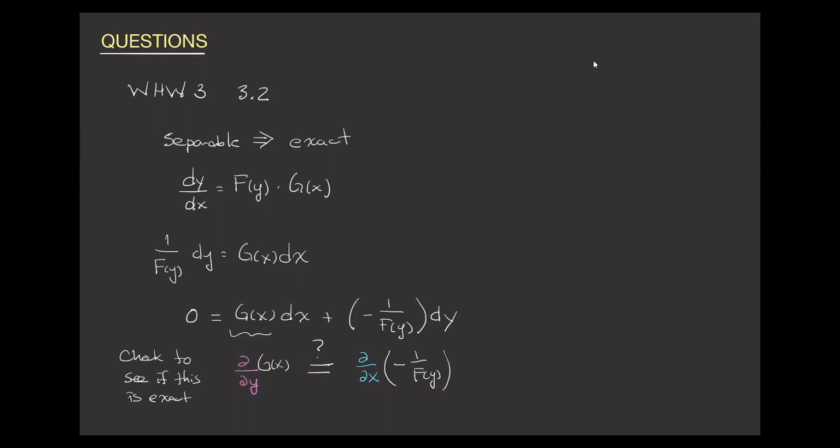Therefore, this partial derivative is going to be 0. And it's exactly the same over here, where you're taking the partial derivative with respect to x of something that only has y in it. So that's also 0. And of course, 0 is equal to 0. And that implies that we have an exact equation. So we started with separable, then we just separated the variables, rewrote it, did a check, and we see that it's exact.